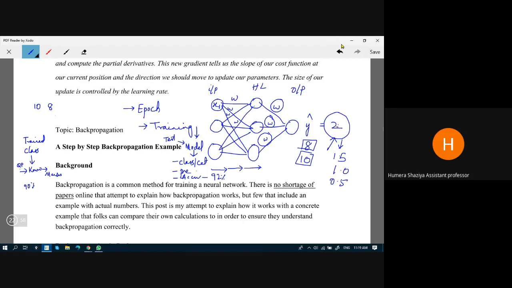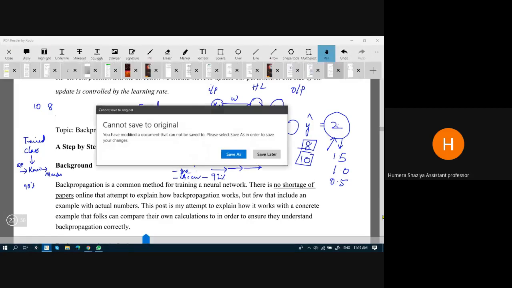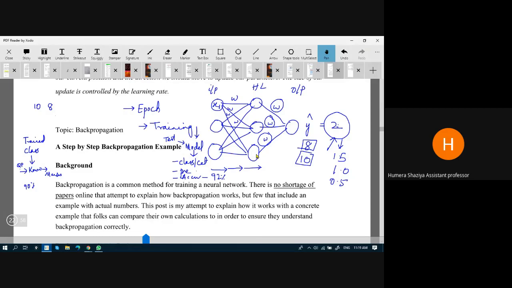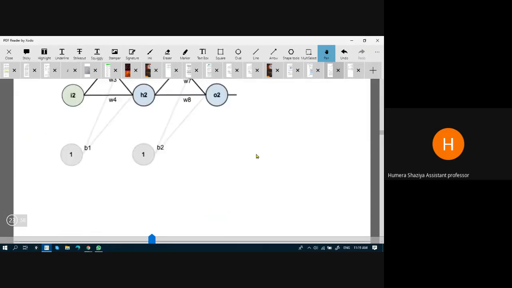So in this back propagation, okay, look at here. This is the back propagation visualization.